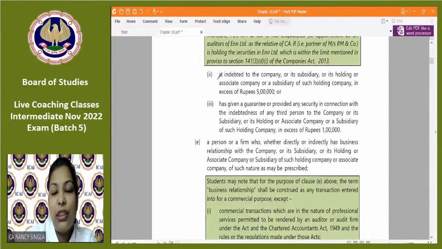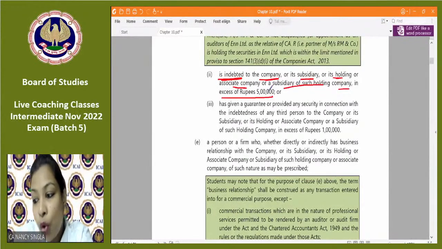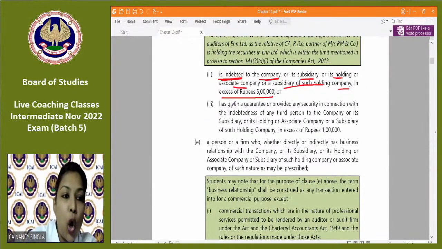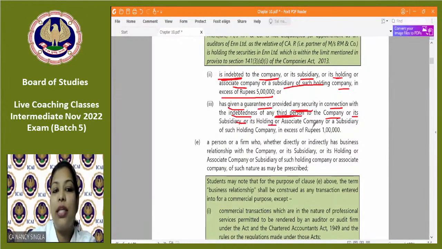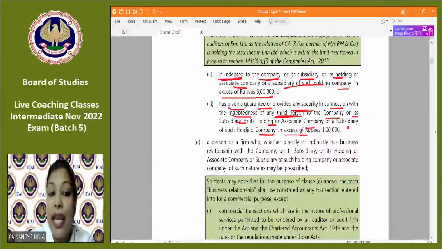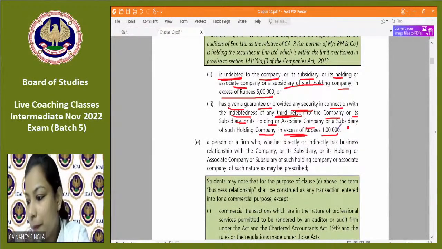The person, the relative or the partner is indebted to the company or its subsidiary, holding, associate, or subsidiary of such holding company in excess of rupees 5 lakhs. So more than rupees 5 lakhs. Or has given a guarantee or provided any security in connection with the indebtedness of any third person to the company or its subsidiary, holding, associate, or subsidiary of such holding company in excess of rupees 1 lakh. ठीक है.